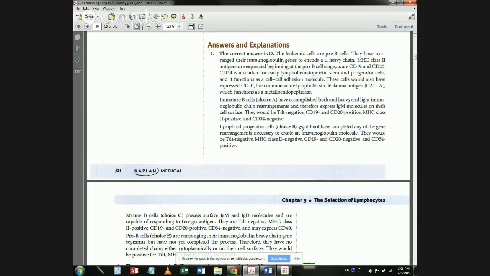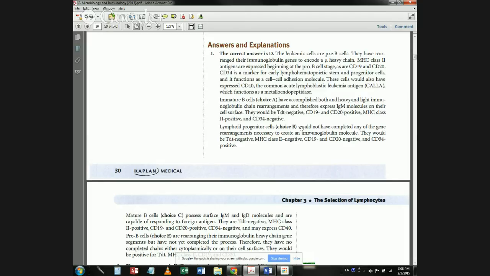Immature B cells have accomplished both the heavy and light immunoglobulin chain rearrangements and therefore express IgM molecules on their cell surface. However, I don't think they have IgD. They would be TDT negative, CD19 and 20 positive, MHC class 2 positive, and CD34 negative.